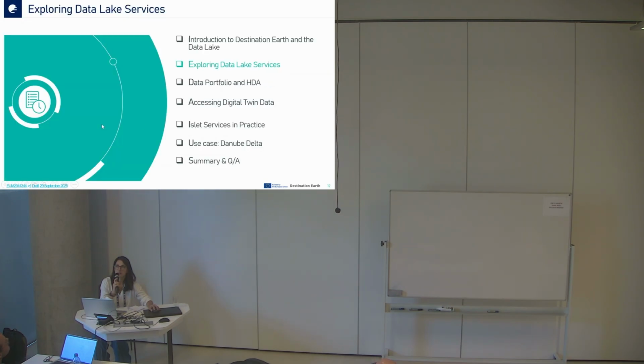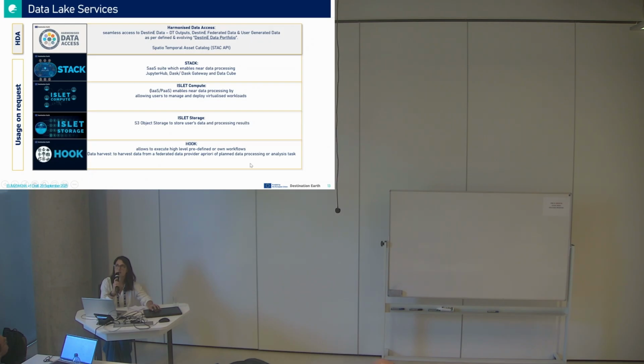So let's explore a bit more these services. As we mentioned before, we have the data access, that is the seamless access to the Destination Earth data. So we have digital twin outputs, as you saw, and federated data, so we have data from other providers. We will explore this part of HDA later.